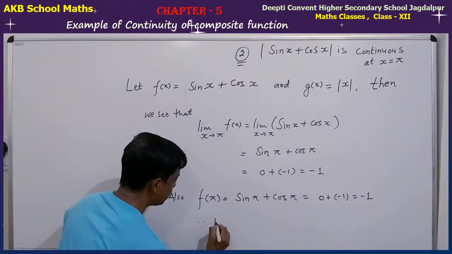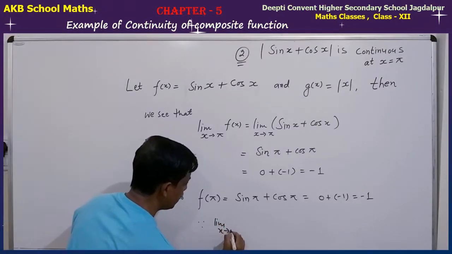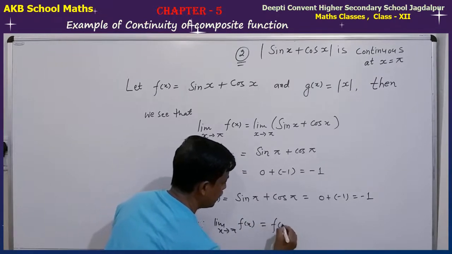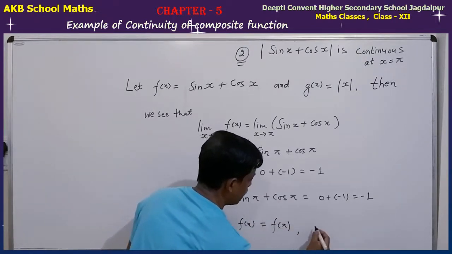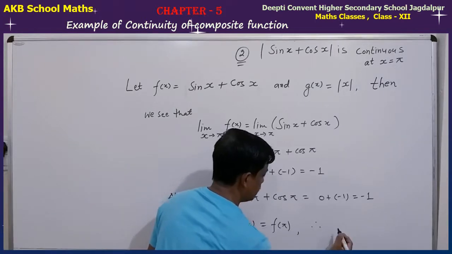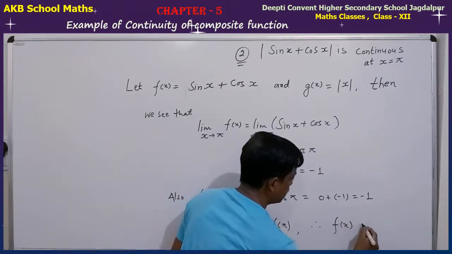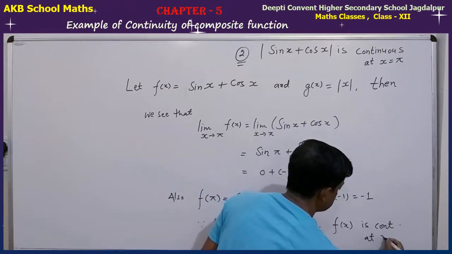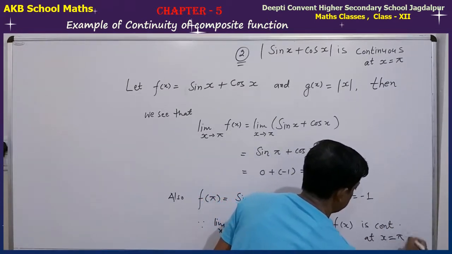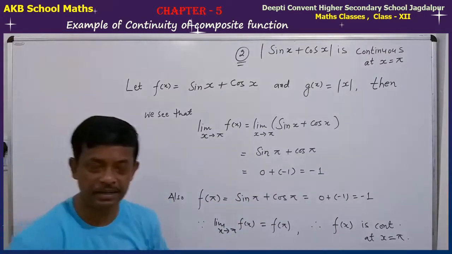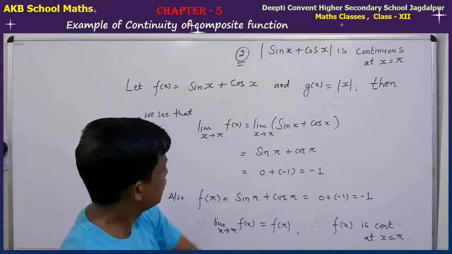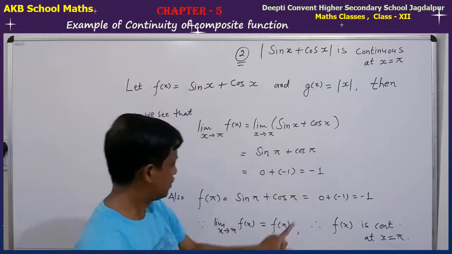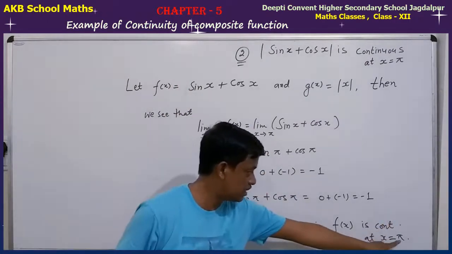Since limit x tending to pi of f(x) equals f(pi), therefore f(x) is continuous at x equals pi. Thus we showed that the function is continuous at x equals pi.